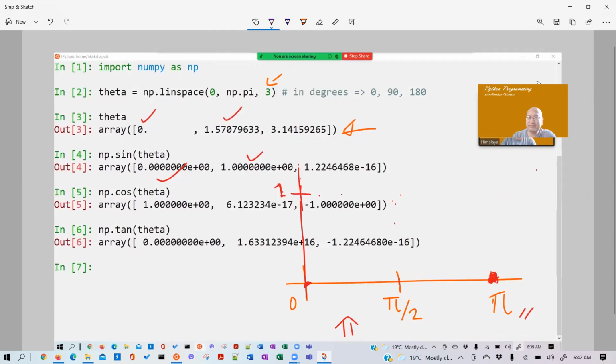It starts from 1 and goes to -1 at pi, and we see something like this.